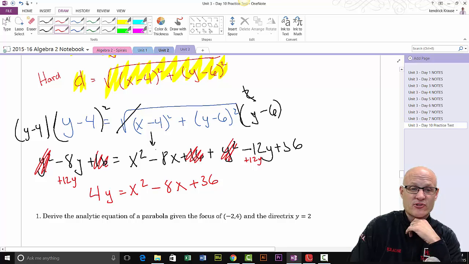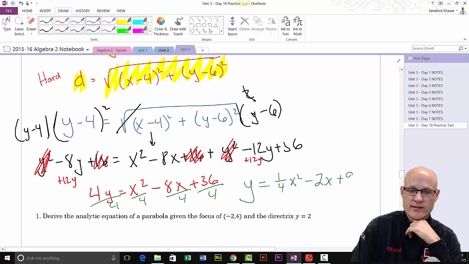And my final step is just to get y all by itself, so I'm going to divide by 4. So my equation is y equals 1/4 x squared minus 2x plus 9. And there it is.